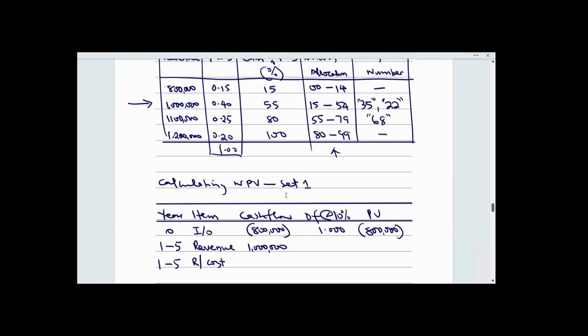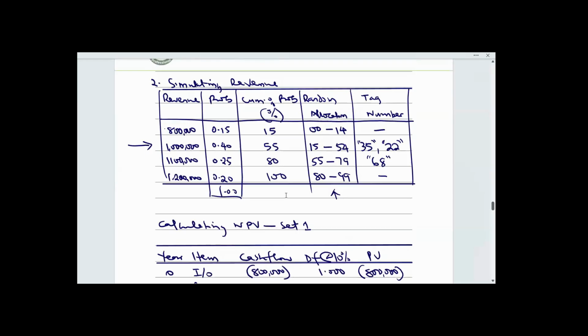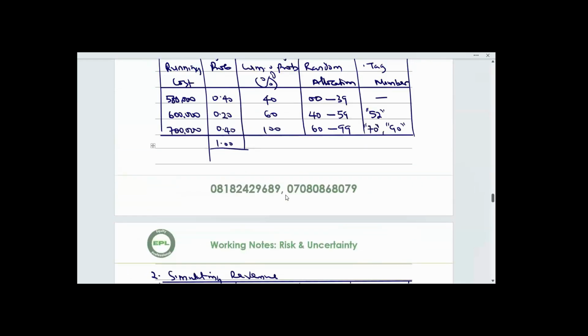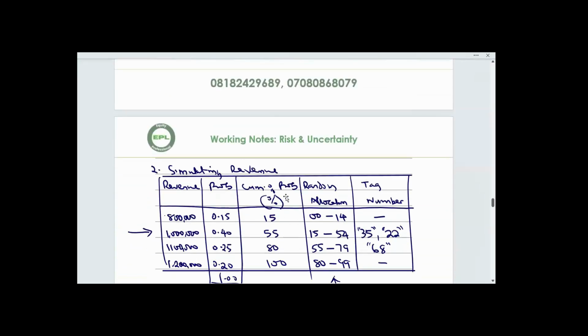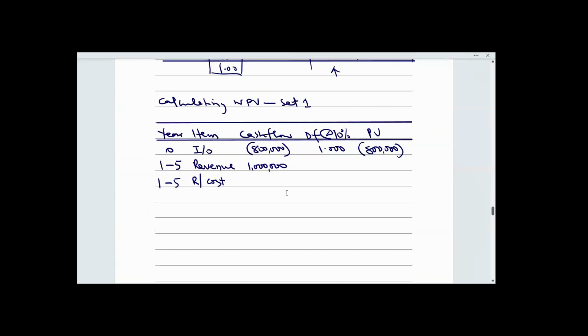The tag number for running costs for set 1 is 70. So 70 falls in the third row, which is 700,000 naira. So the annuity factor of year 1 to 5 at 10% will give us 3.170.